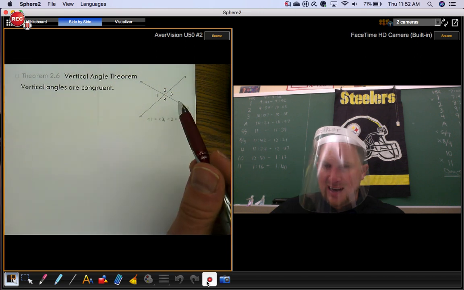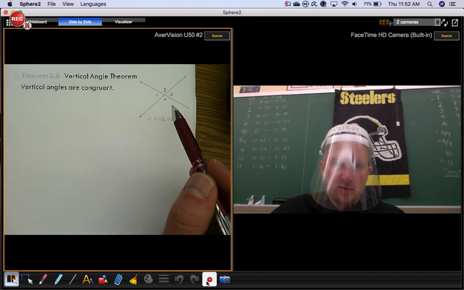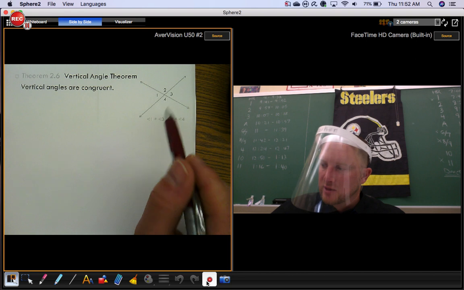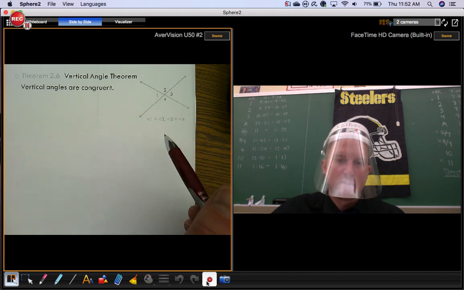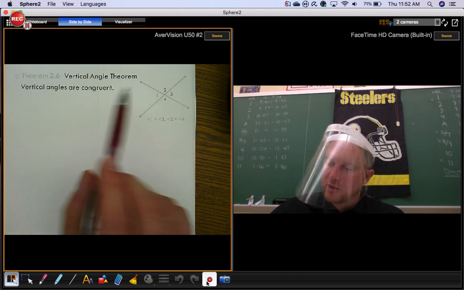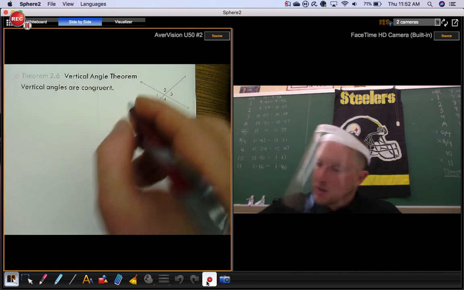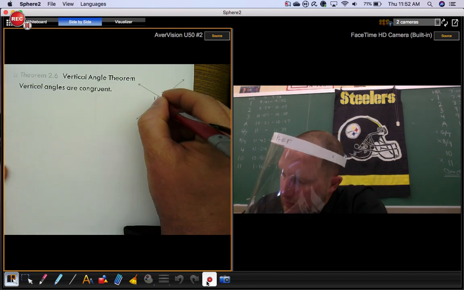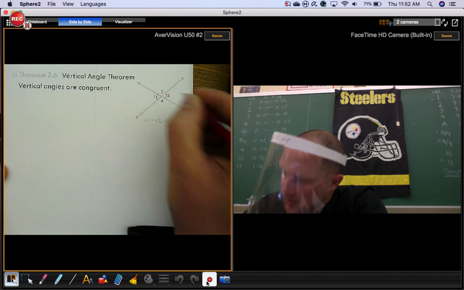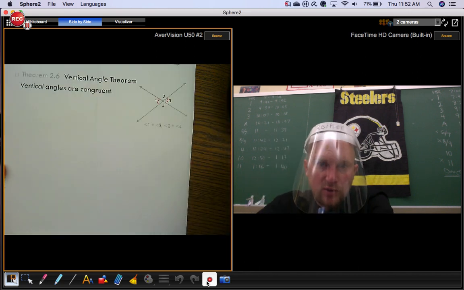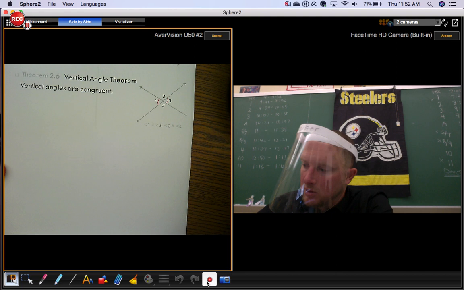Now, I'm pretty sure you already know what this theorem says, because we've used the relationship with vertical angles many times before. Vertical angles are congruent. That's what the theorem says. So that means this angle and this angle, since they're vertical, they're congruent. You can put those arcs there.